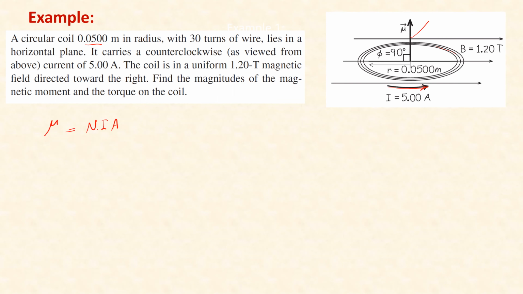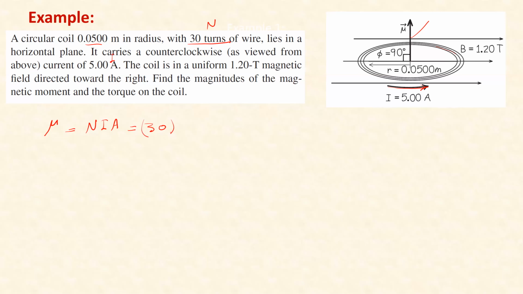If N loops, N turns, and each turn has current I, we have Ni, the total current, times the area. So N is 30 turns, this is N, and this is I. And this one is the radius that we can find the area from.